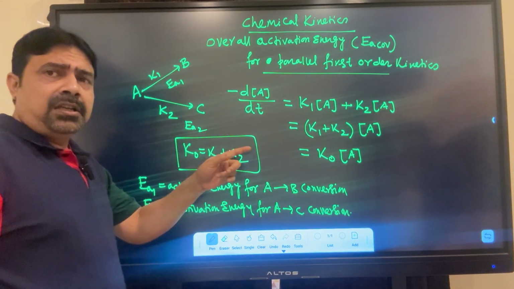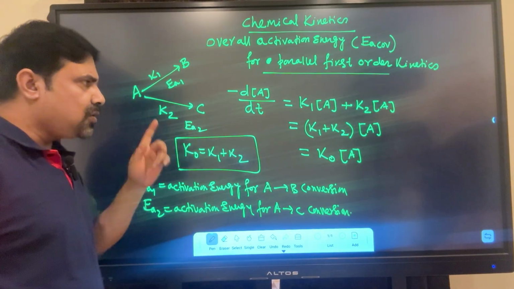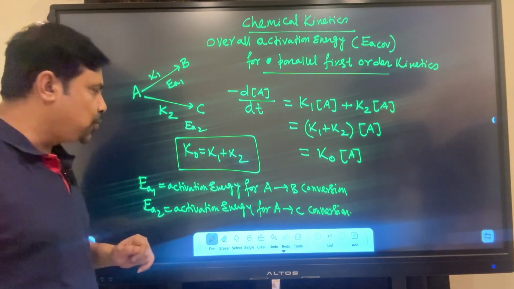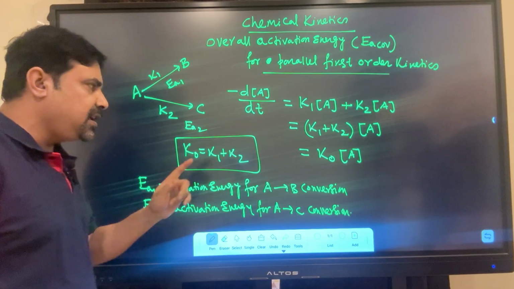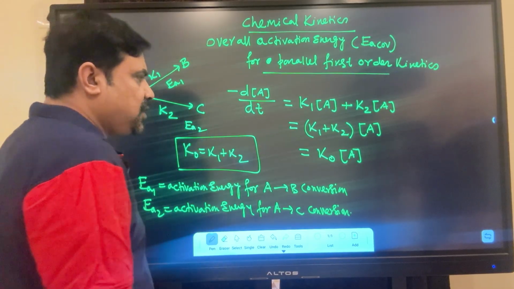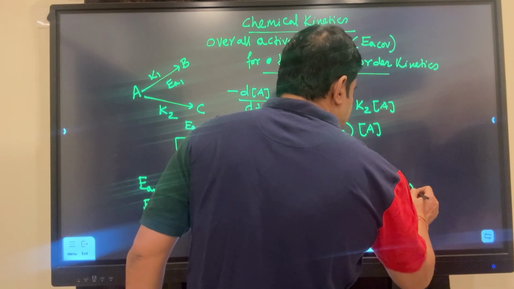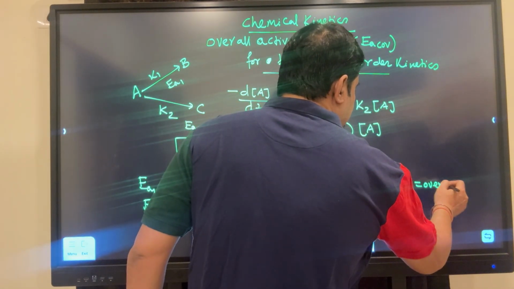A is converting to B as well as A is converting to C. Now K overall equals K1 plus K2, and here I am writing EA as the overall activation energy.